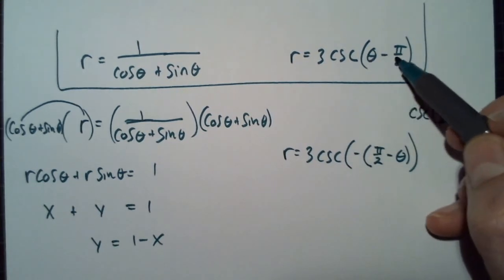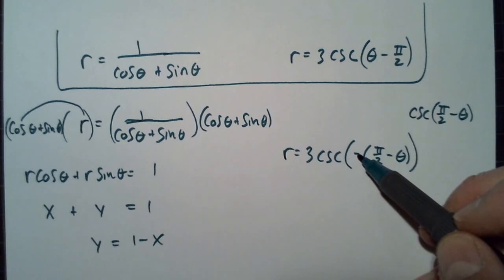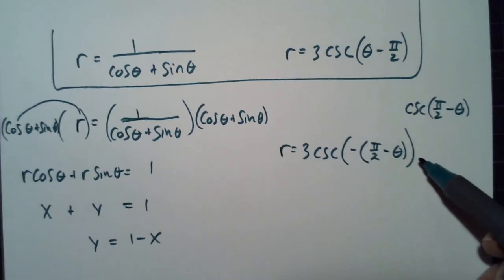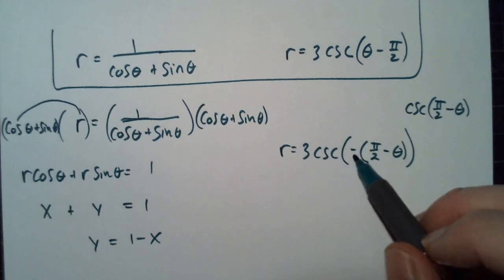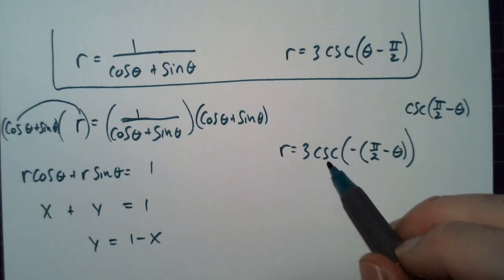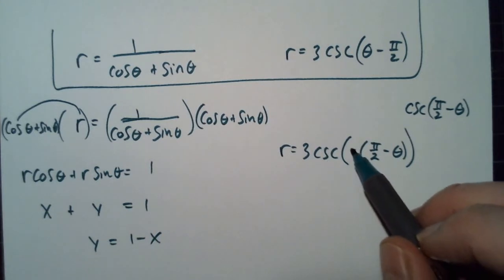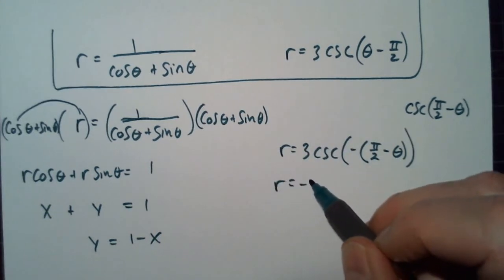You can switch the order of subtraction by factoring out a negative sign. Not only do we need the cofunction identity, but now we need to know the even or odd functions. There's only 2 even functions, secant and cosine, so this must be an odd function. That means that negative can go on the outside.